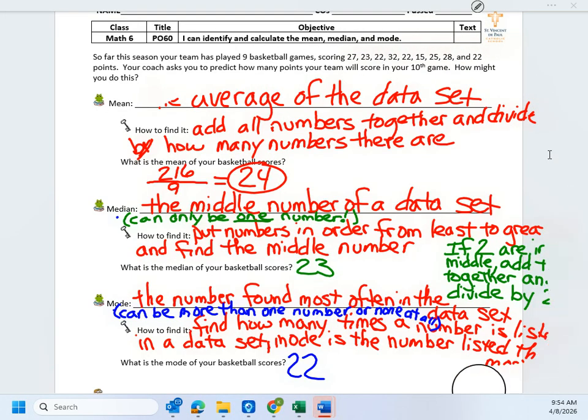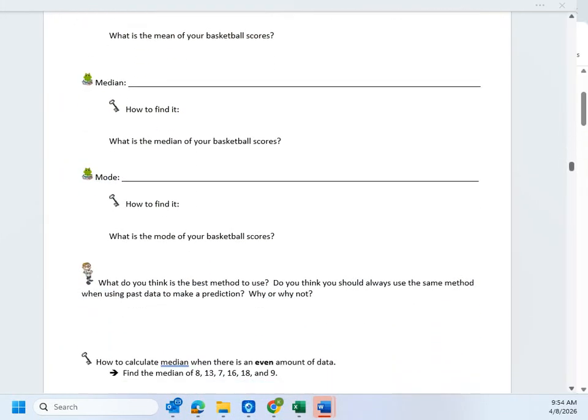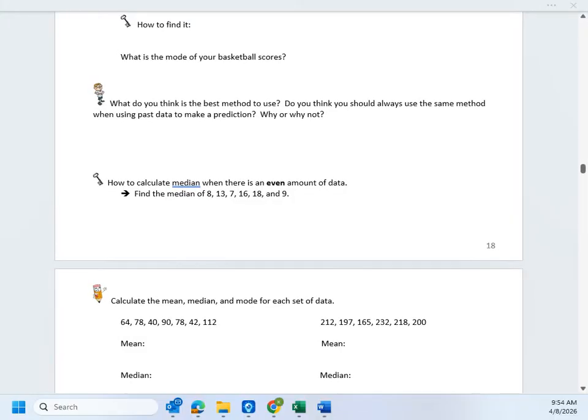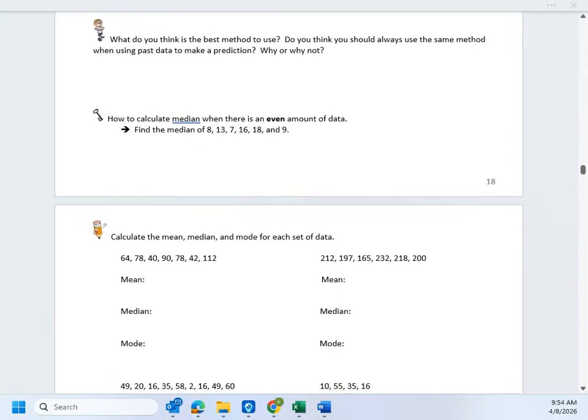I'm going to scroll up. What do you think is the best method to use out of mean, median, and mode? Which one is the best one that we should use? Matt? Why?